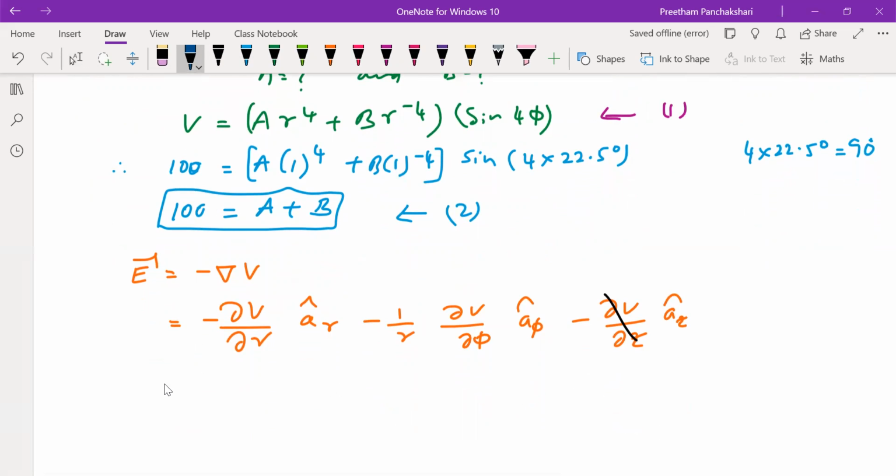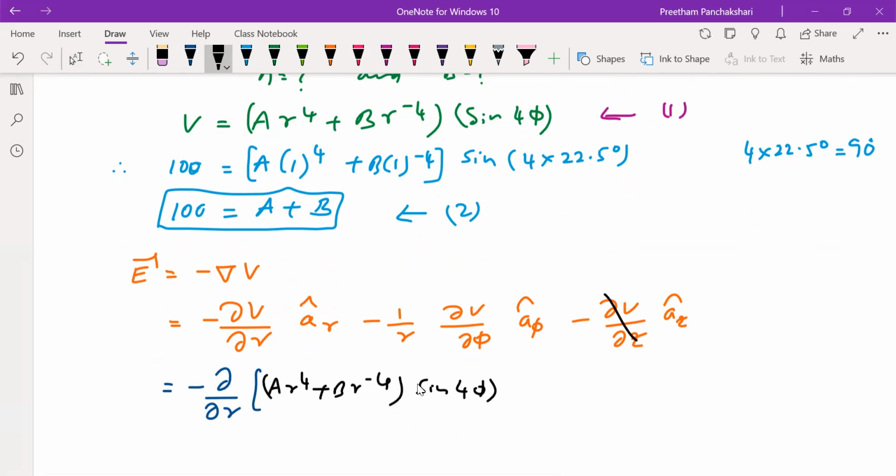Now, I would like to differentiate V first to get E. So what is V given? A into R power 4 plus B into R power minus 4, sine 4 phi. This is what is given.